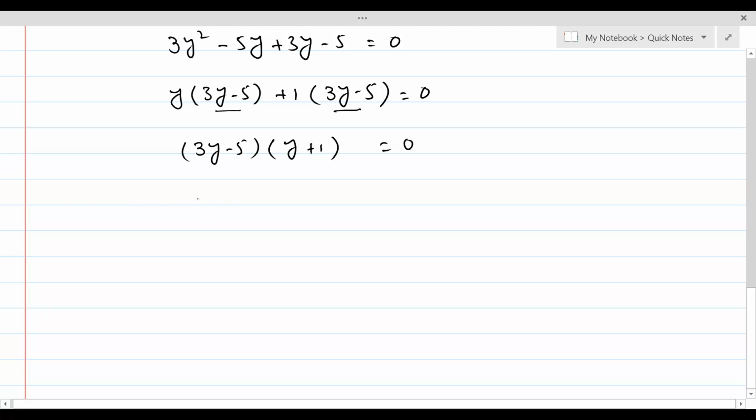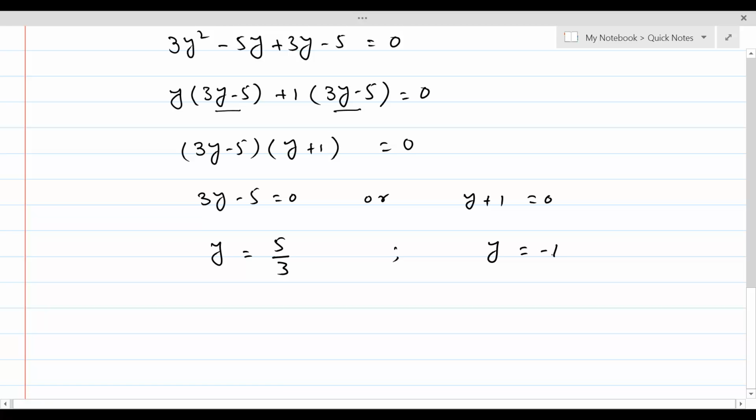This means 3y minus 5 is equal to 0, or y plus 1 is equal to 0. If this is equal to 0, then we get y is equal to 5 over 3. And if y plus 1 is equal to 0, then we get y equal to minus 1.